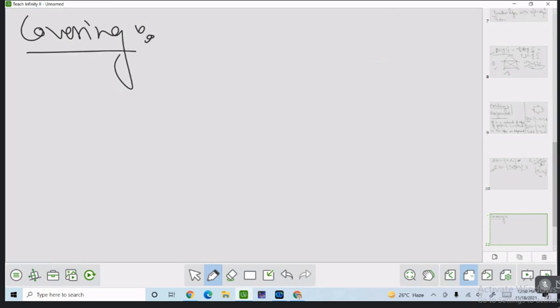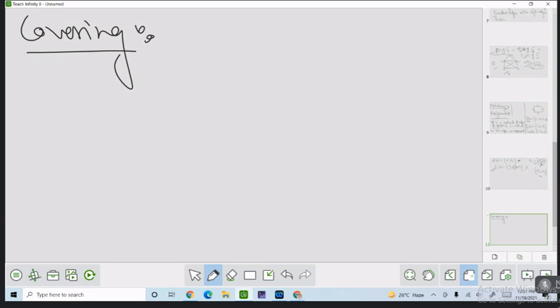Matching means a collection of edges. And covering is also a set of edges. Both are sets of edges. The difference is that no adjacent edges will be there in the collection of edges. That will be the matching. But here it is just a set of edges.